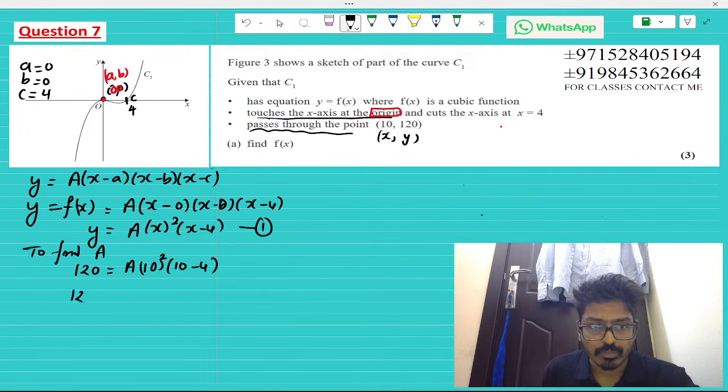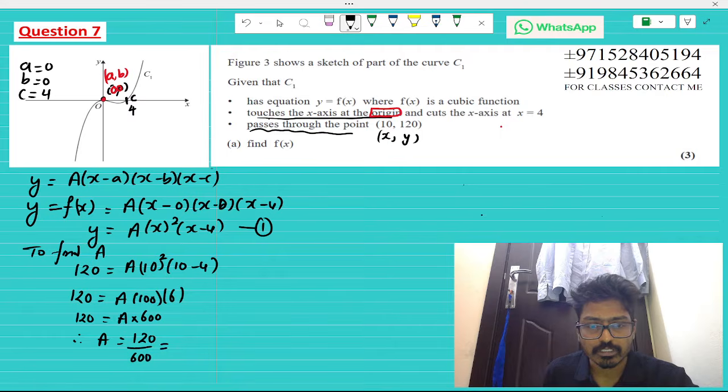So 120 equals a times 100 times 6. 100 times 6 is 600, so the a value will be 120 over 600, which is 1 over 5. So we got our a value.